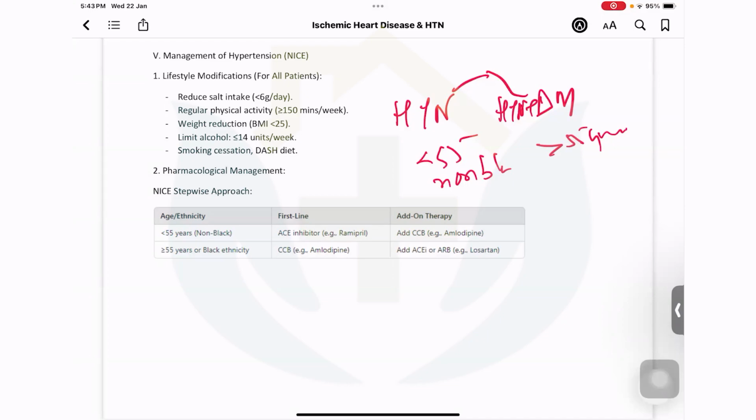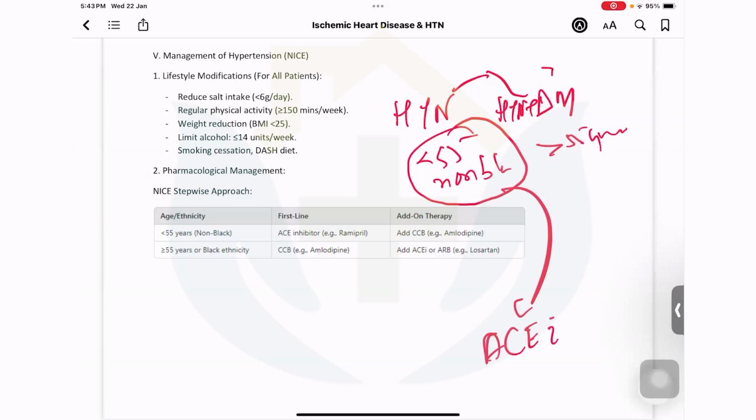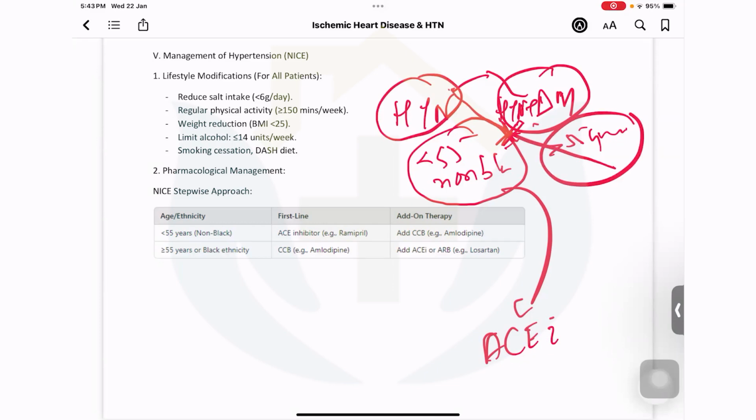The first line treatment for anybody who is less than 55 years of age and non-black is ACE inhibitor, and hypertension with diabetes also. So these are the patients where the initial drug of choice will be ACE inhibitor. Just hypertension and age above 55 years, the drug of choice is CCB.